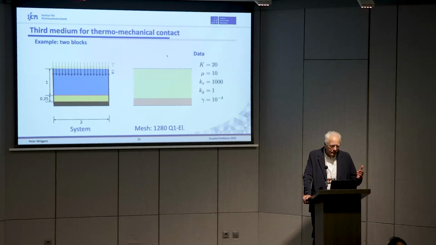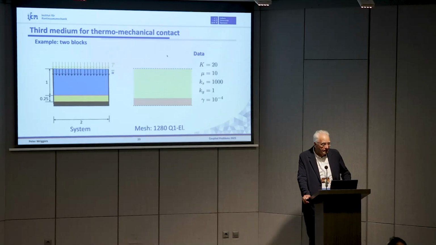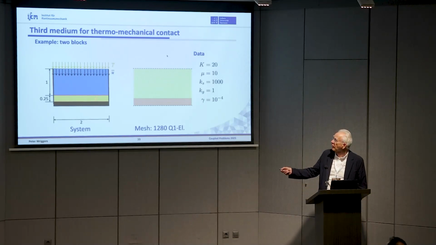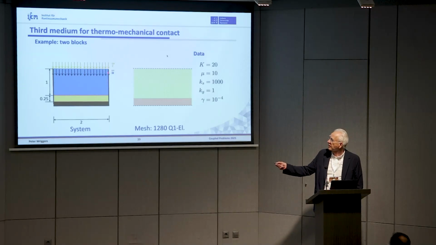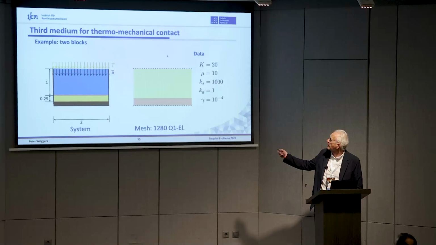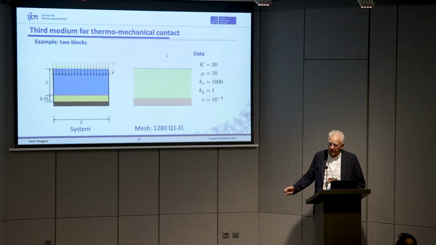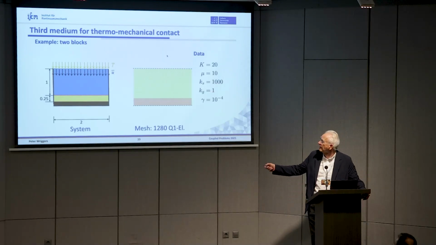Now the first example which you try is of course something like this block, where you apply a temperature and a displacement. This one here is our third medium. This is a mesh for that. These are some of the data. You see the gas constant is 1/1000th of the solid constant in this case. Then due to the displacement, this block will be squeezed down here, so this one will disappear.